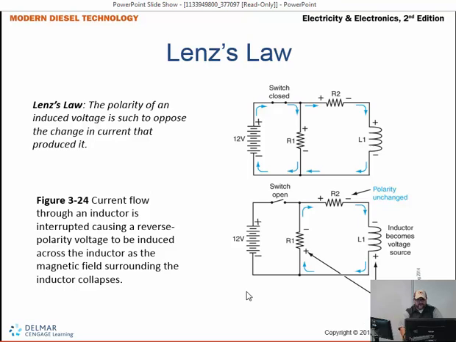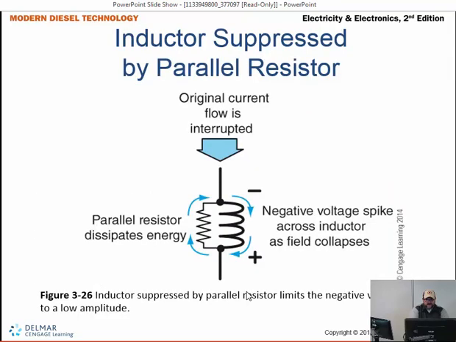That's important because that's how we manage voltage spikes in our system. That's how we manage that collapsing field, and we'll talk about that because this is important. We do this in relays, we do this with diodes, we do this in many different ways, but we have to manage those voltage spikes from the electromagnets that we use in our vehicles.